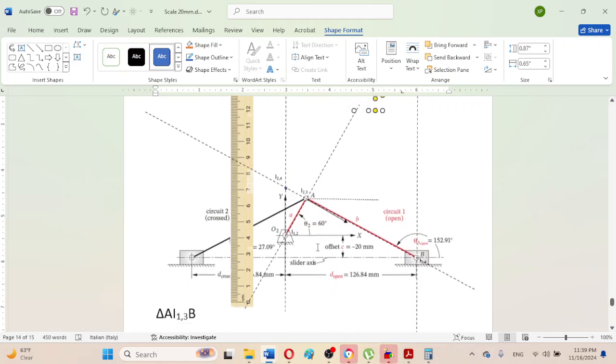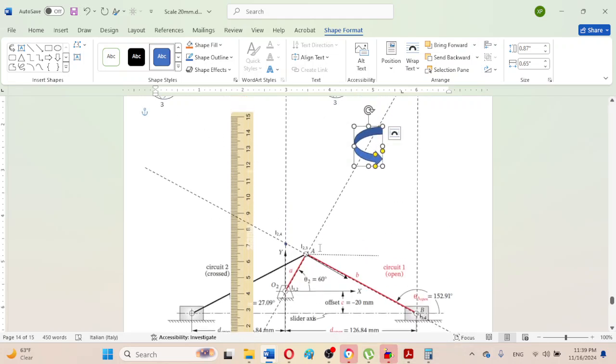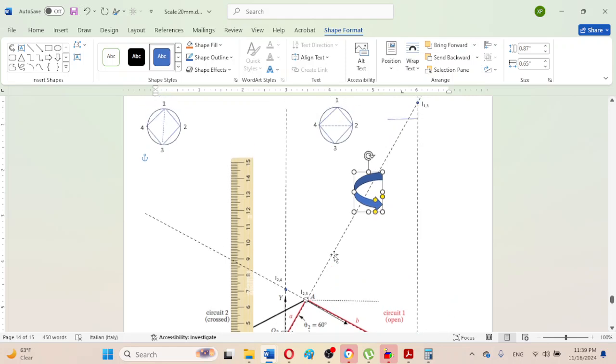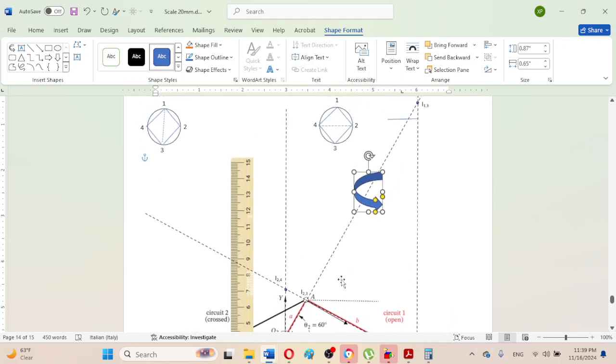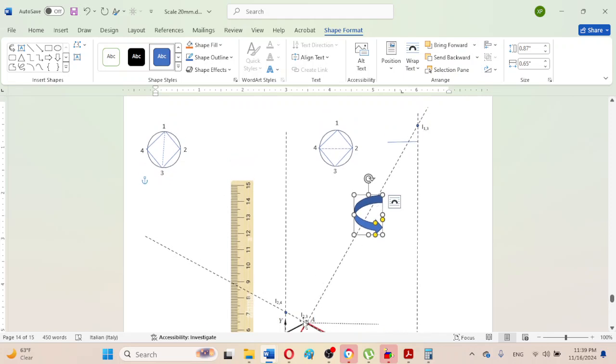Now the magnitude of the angular velocity will be obtained by dividing the magnitude of the velocity VA by the radius AI1,3.